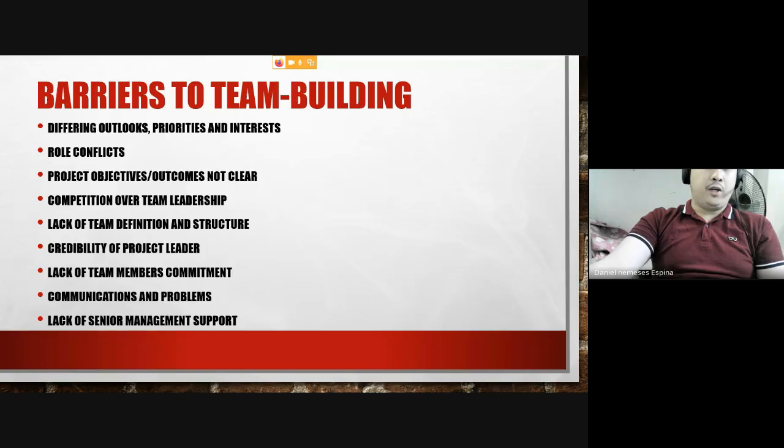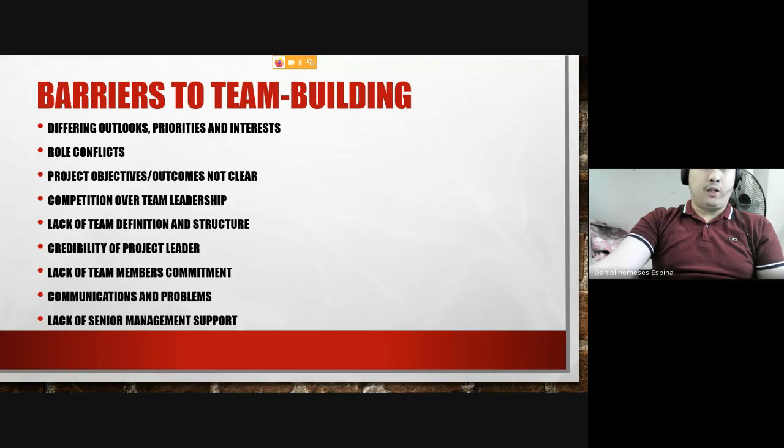The fourth barrier is if there is a competition over the team leadership. So, whether we like it or not, competition is a human nature. So, it will always arise. Okay? Especially if kana nga project perhaps will determine kung kinsay sunod niya mahimong leader or ma-promote. Okay?